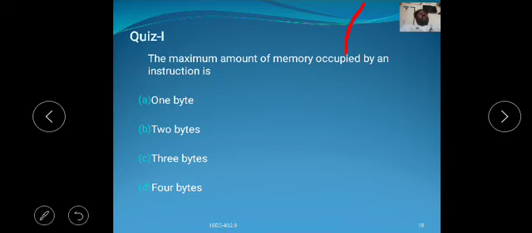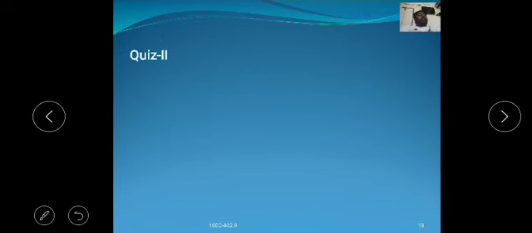Our answer is 3 bytes. The maximum amount of memory occupied by an instruction is 3 bytes.